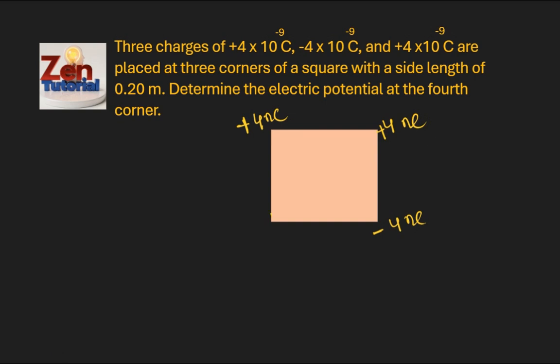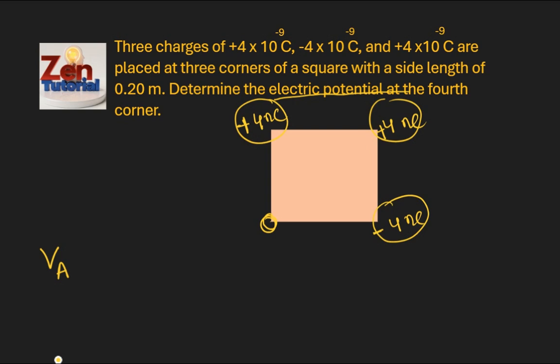And at this corner, what will be the potential here? I mean to say, determine the potential at the fourth corner. So we have to determine the V of A in terms of these three charges.